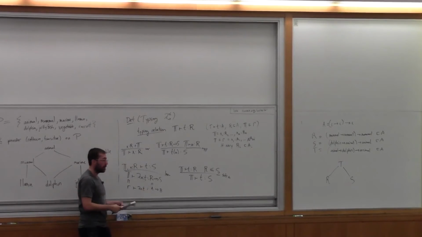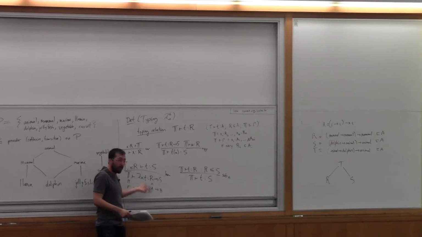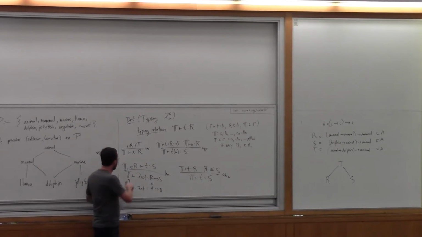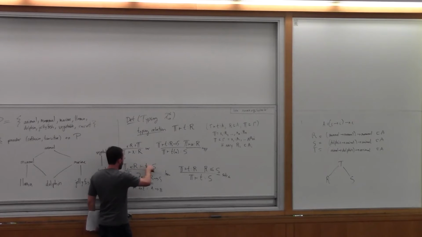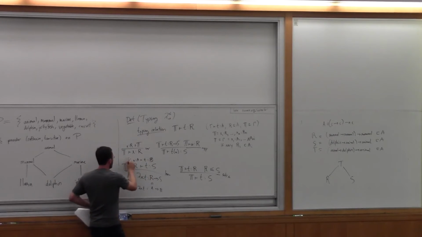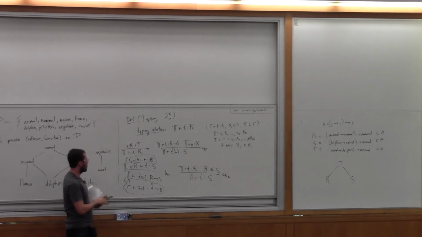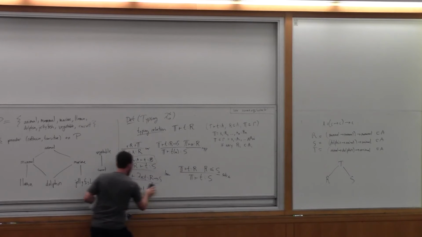Lambda x t is a simply typed term which has the underlying type A arrow B. And then the same holds here. These are implicit conditions in the rules. I'll erase them now.